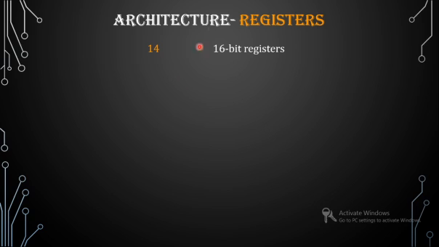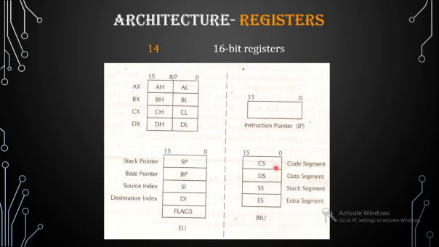So totally, if you check the registers in 8086, there are 14 16-bit registers. Which are they? 4 segment registers and 1 instruction pointer, which are in the BIU, so a total of 5 registers in the BIU.